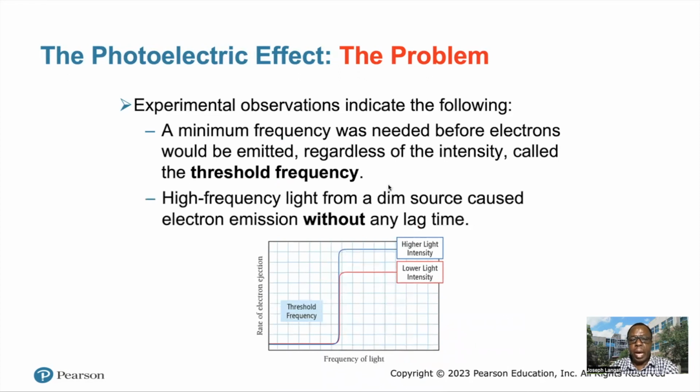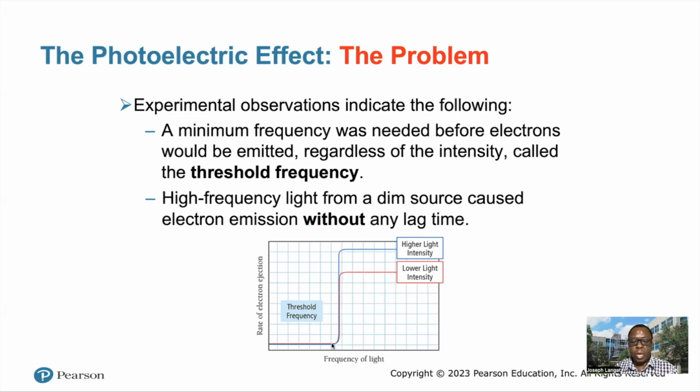High frequency light from a dim source causes electron emission without any lag time. In other words, what they thought was that for a dim light there was going to be a lag in emission of electrons, but there was not. Even dim light ejected electrons as a bright light did, but what is responsible for ejection is the minimum threshold.